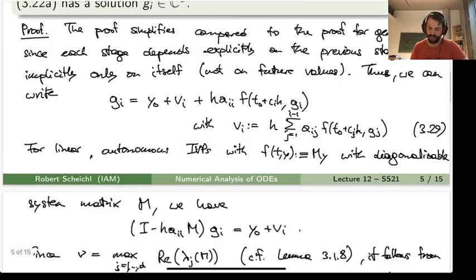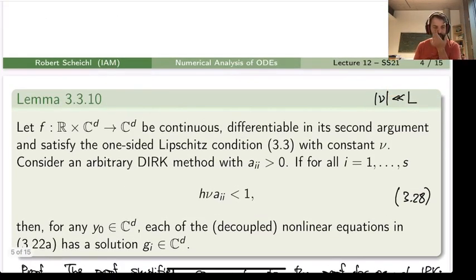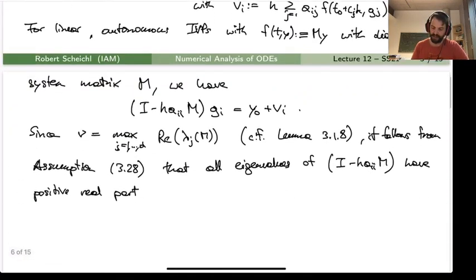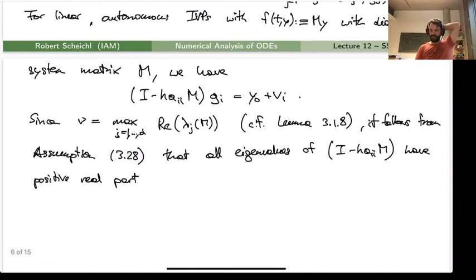If I look again, the condition is that h nu a_ii is less than 1. We know that nu is the maximum of the real parts of the eigenvalues of M, and so the matrix multiplied by h a_ii and then subtracted from the identity can only have eigenvalues with positive real part.